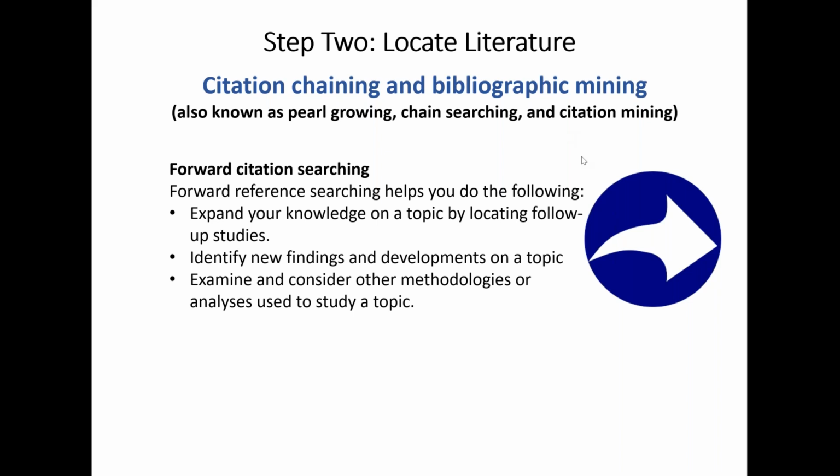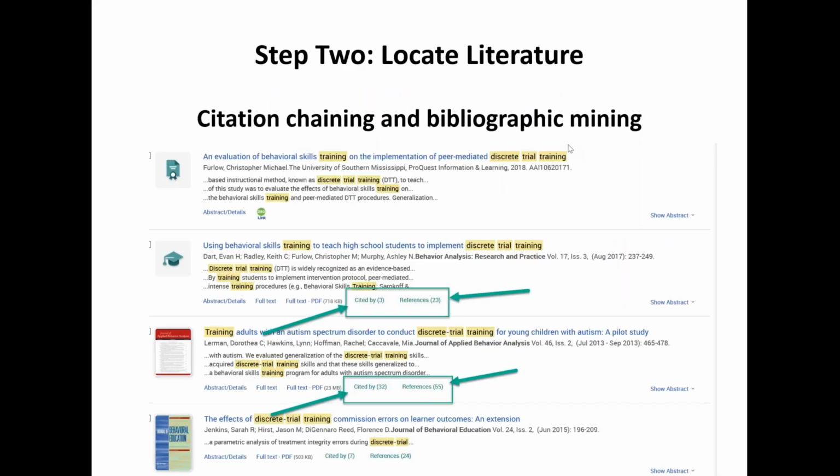So what that looks like in a database, for example, like in PsycInfo, what we looked at just now, or any other library database, Google Scholar does this as well. Usually it'll list the cited by and the references under each article. So obviously, if an article has been cited many times, that might be an indication of at least the impact that that particular article has had on that particular topic area.